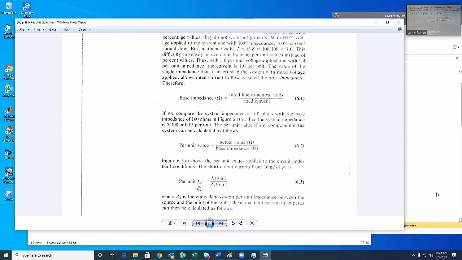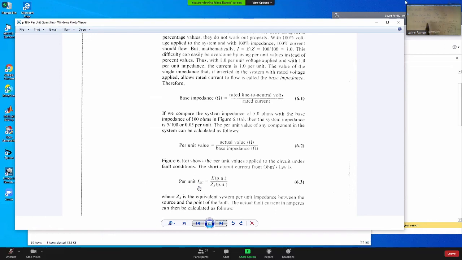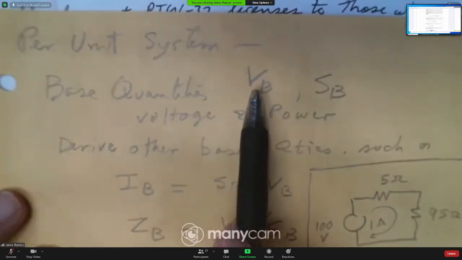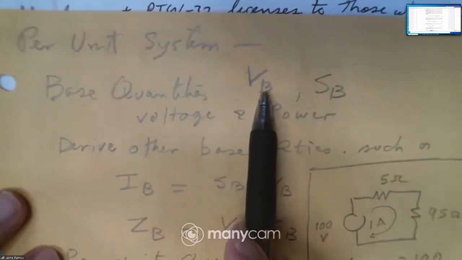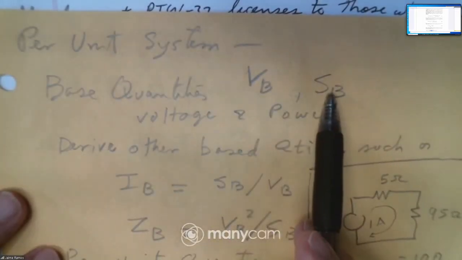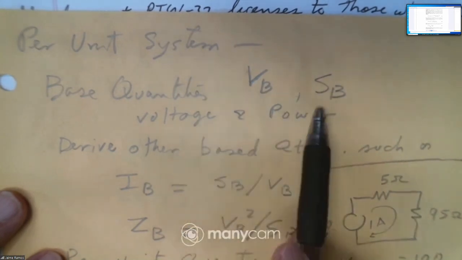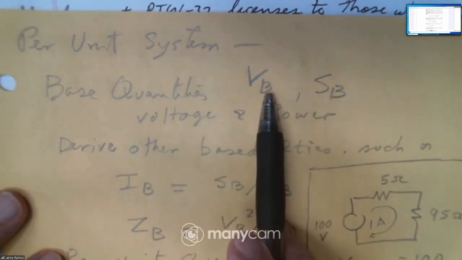So let me show here the case of per unit. Look, in the per unit system, we define base quantities: a voltage and a power. The subindex B is for base.